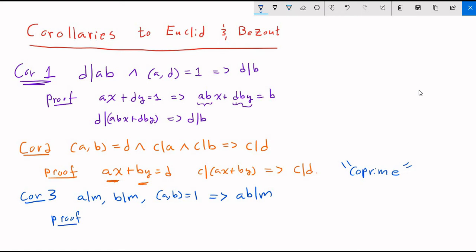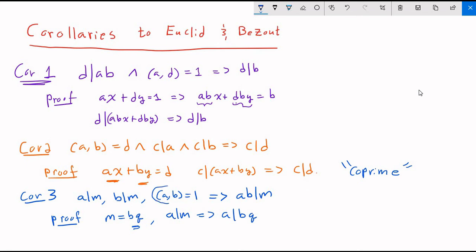So for our proof, well, since b divides m, we know that m is equal to b times q for some integer q. And since a divides m, writing a divides m, replacing it with b times q, this says that a divides b times q.